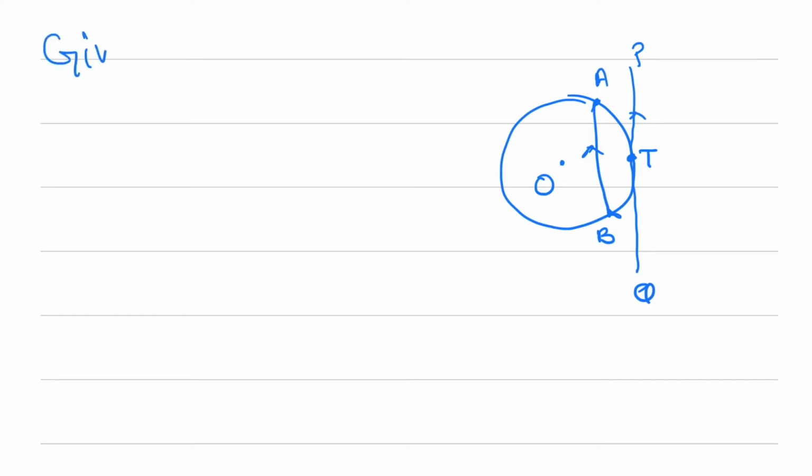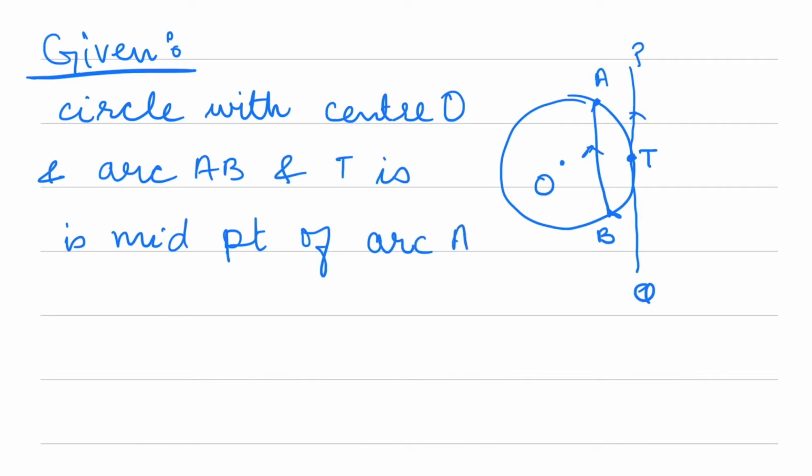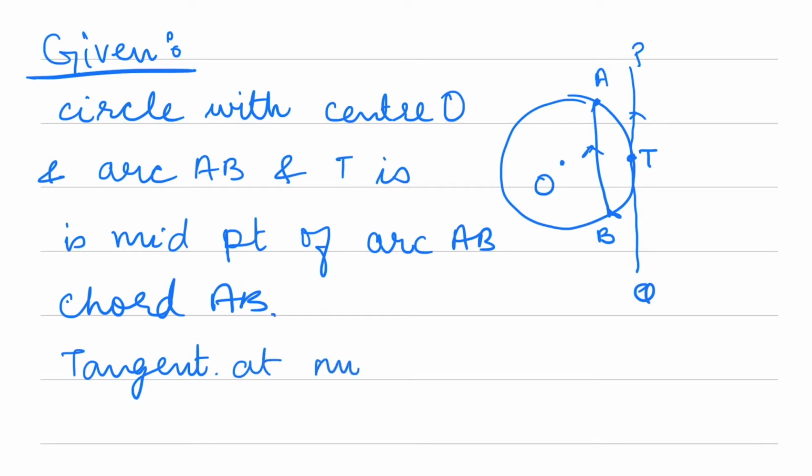Okay, so what is given to us is a circle with center O and arc AB, and T is the midpoint of arc AB. Then we have to join this, so there is a chord AB and tangent at midpoint of arc PTQ.